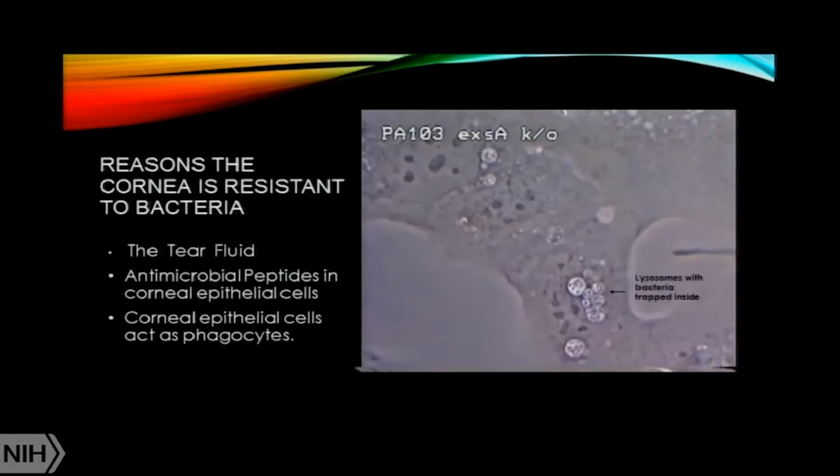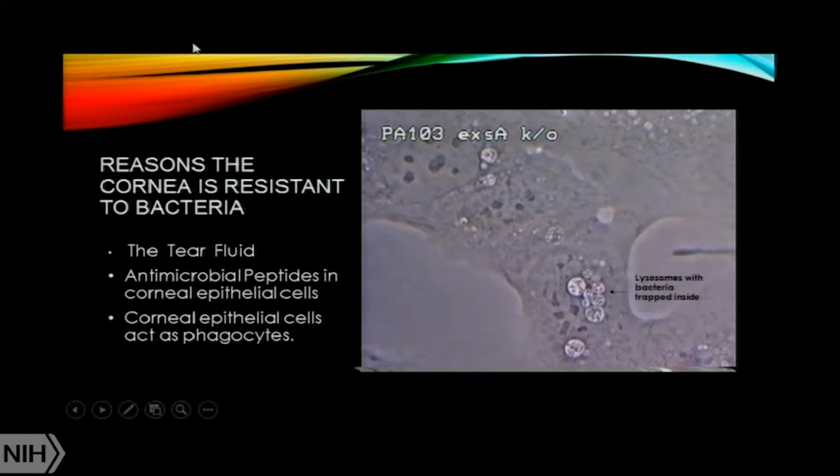Slide: reasons the cornea is resistant to bacteria. Video showing lysosomes with bacteria trapped inside. Now, investigators for a long time have been studying why the cornea is so resistant to bacteria. And three of the reasons they've discovered is the tear fluid. The tear fluid is very good at working on the microbes directly itself, but it also changes the gene expression in the corneal epithelial cells to make them more resistant to bacterial infections.